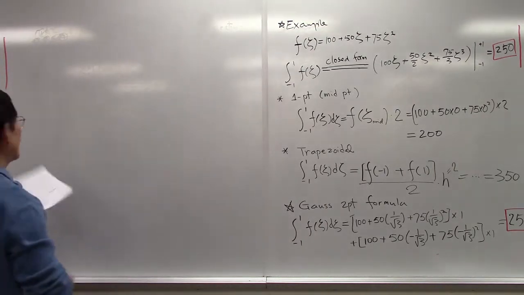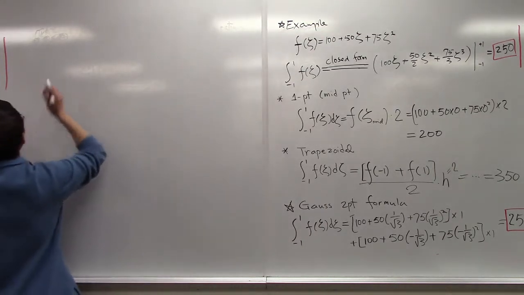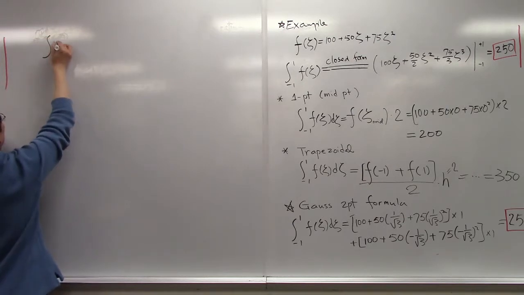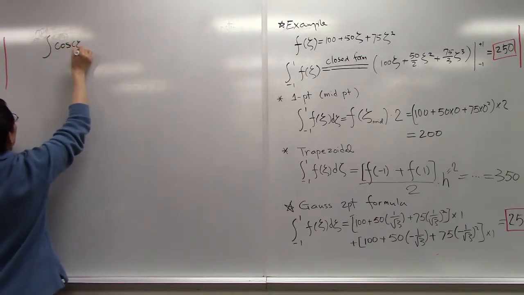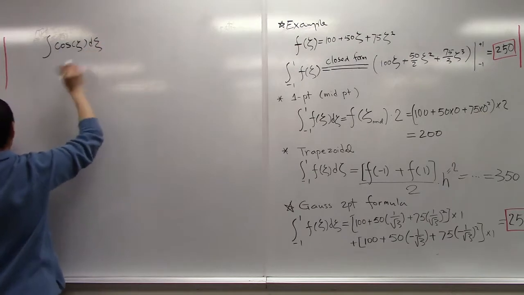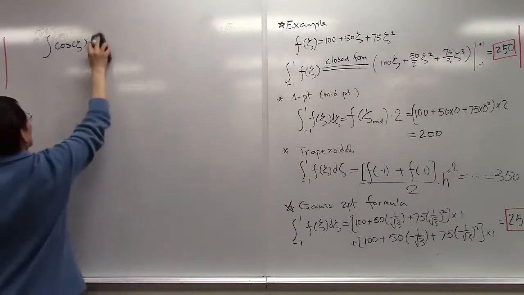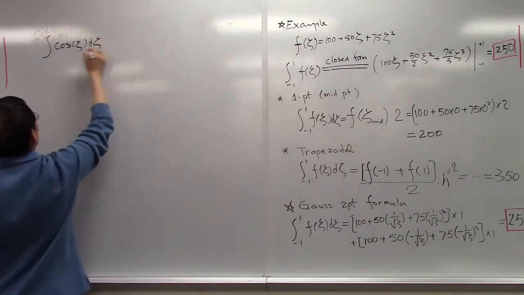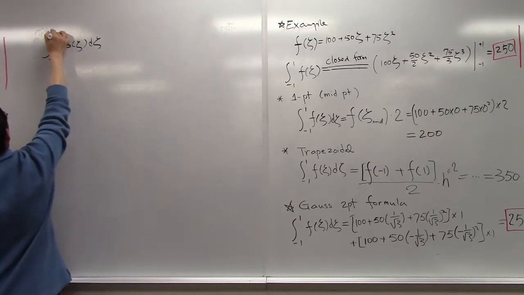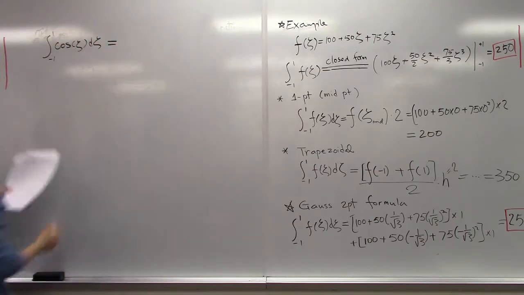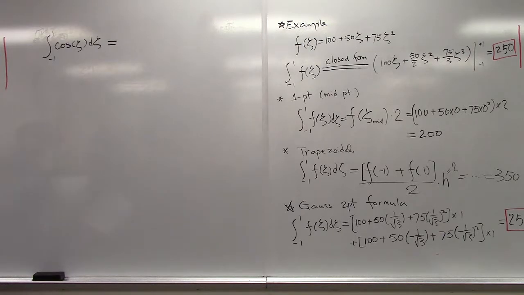Now, let's look at another example. If we want to integrate cosine theta from -1 to 1, this time, when you express cosine theta in terms of a Taylor series, you can express it as a polynomial function, but with infinite terms, okay?